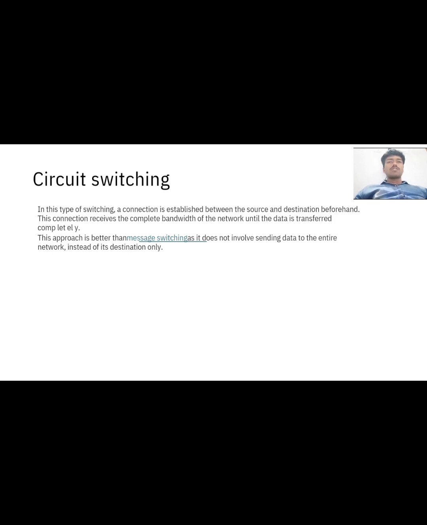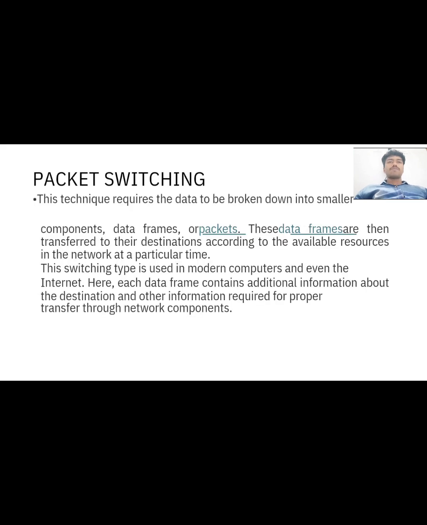The connection receives the complete bandwidth of the network until the data is transferred completely. This approach is better than message switching as it does not involve sending data to the entire network instead of its destination only.